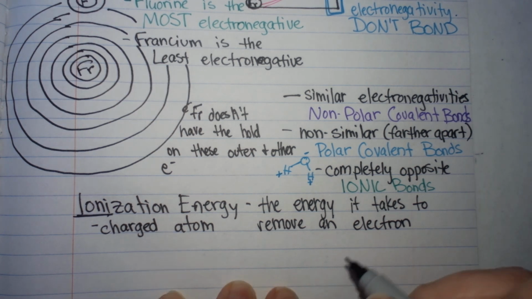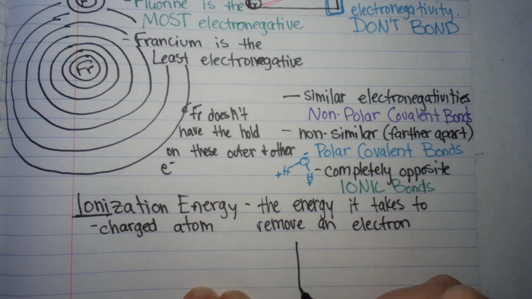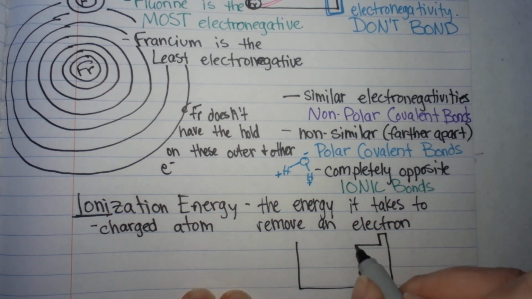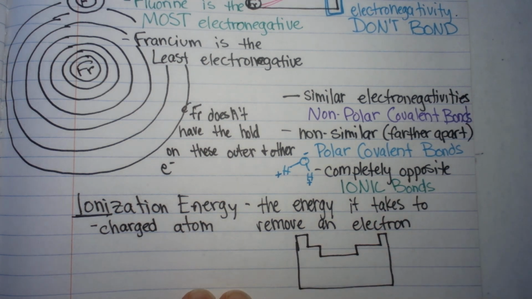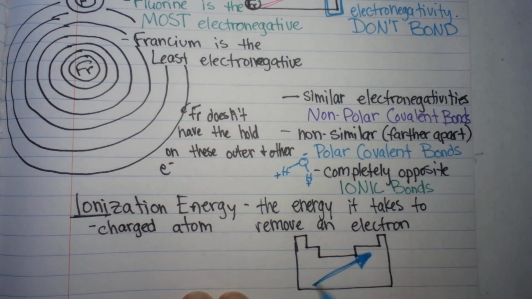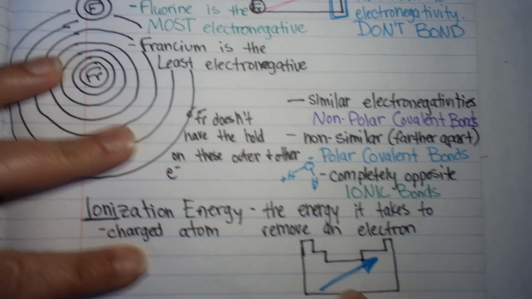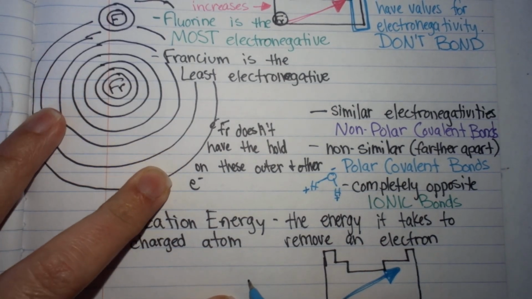So this trend has a very similar pattern to electronegativity. Okay, so when we look at that, we're going to go up and to the right the same way that we did before. So we'll make that really clear, and then we'll talk about it a little bit.